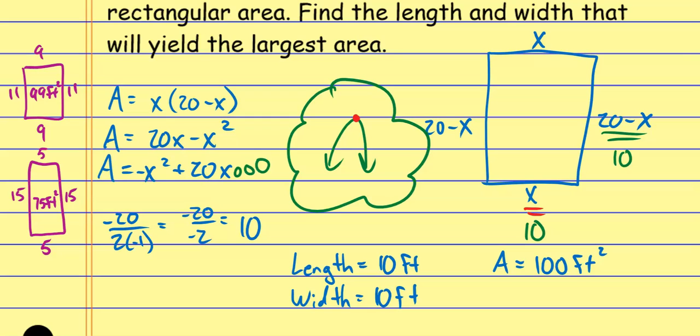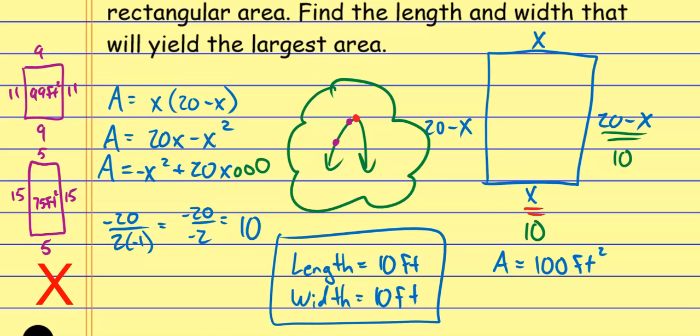And so as I look at this parabolic curve, if it's describing the area, here's where that point of 99 was. Here's where that using a 5 was, okay? And so we find that I get areas that are not quite as large, okay? So there it is. Length is 10 feet, width is 10 feet, okay?